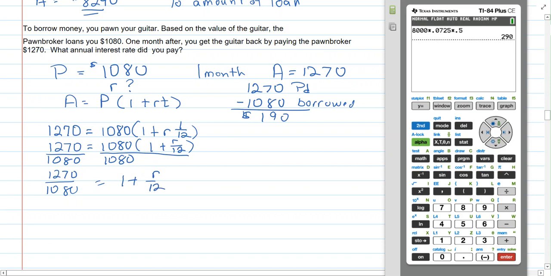All right, so we're going to subtract 1. We're going to do that part in our calculator and keep it there.